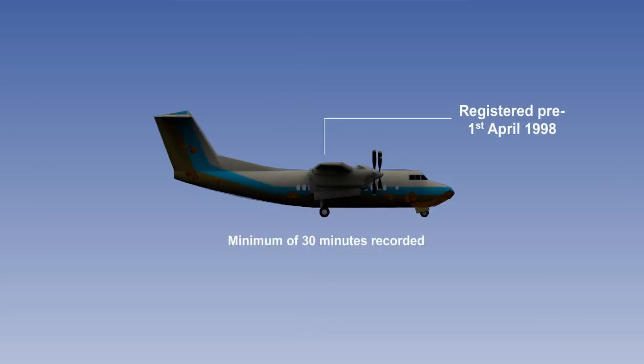All aeroplanes registered before 1st of April 1998 and either weighing more than 5,700 kilograms or with more than 9 seats and weighing 5,700 kilograms or less are required to have a cockpit voice recorder capable of recording the last 30 minutes of operation.